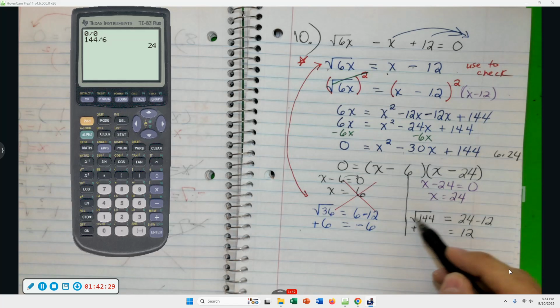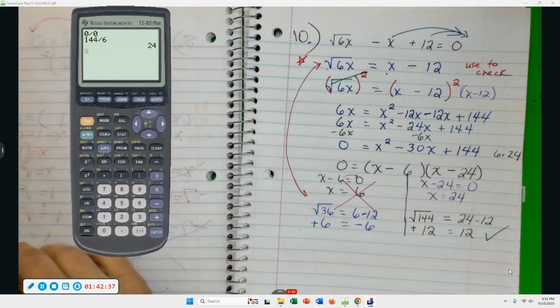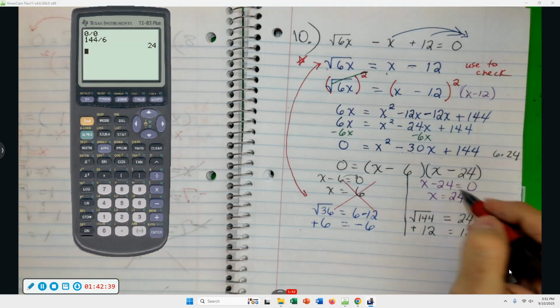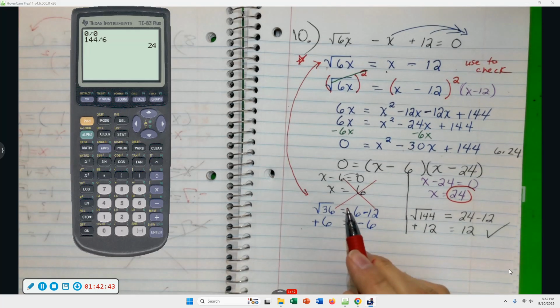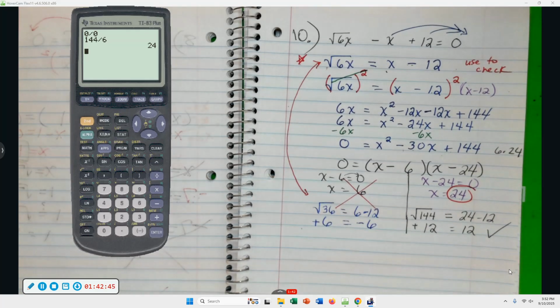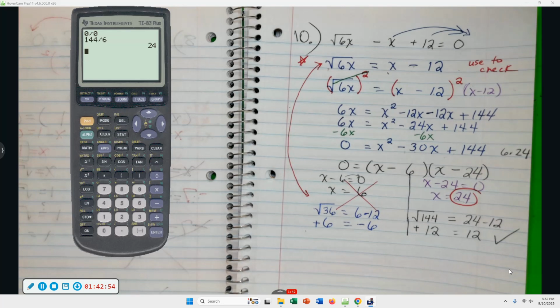The positive square root of 144, isn't that 12 also? That one checks. 24 checks. 6 doesn't check. So you may have some positive solutions showing up that you have to cross out. Those solutions that you cross out are called extraneous solutions.